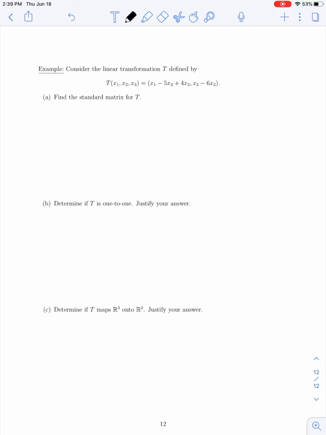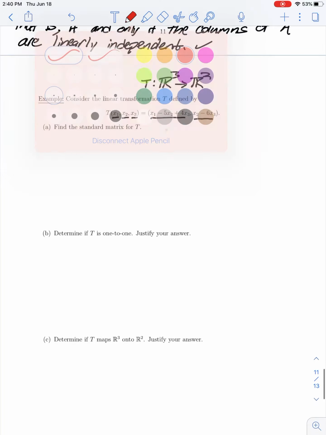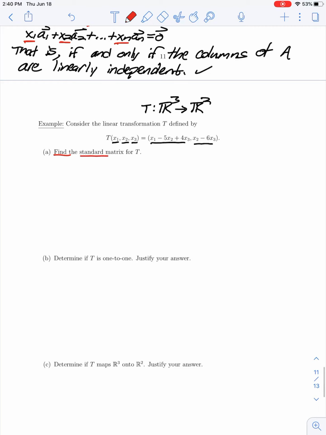So in our last example, let's consider a specific transformation. Here T is a transformation from R3. So we're taking a vector with 3 components, and we're getting a vector with 2 components. So we're mapping from space onto the plane, R2, using the transformation T, which has the following definition. For this transformation, we're supposed to first find the standard matrix.